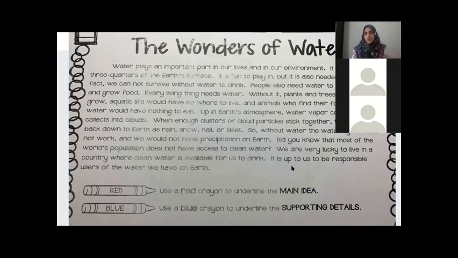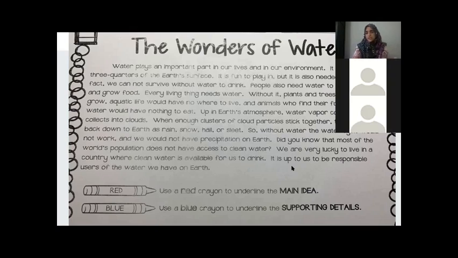So we just looked at two things in this passage. So what are the two things that we looked at in this passage? That water is important for life. Let's leave what the passage is saying and look at what we were looking for in the passage.